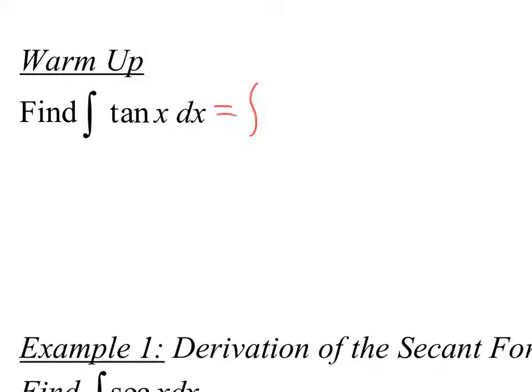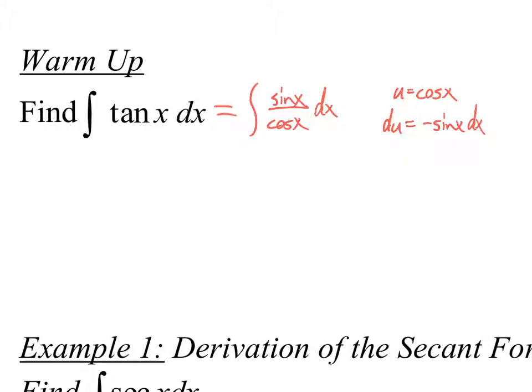So we're really taking the integral of sine over cosine. Okay, so now you see a rational function. So the first thing that comes to mind is trying to get what? Yeah, the u prime over u or du over u. So we're trying to get that. So we're going to let u equal the cosine, the denominator, and then du is negative sine x dx.